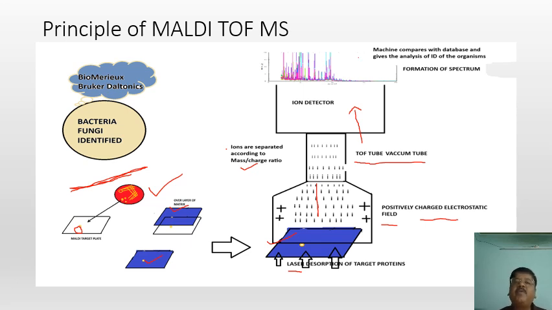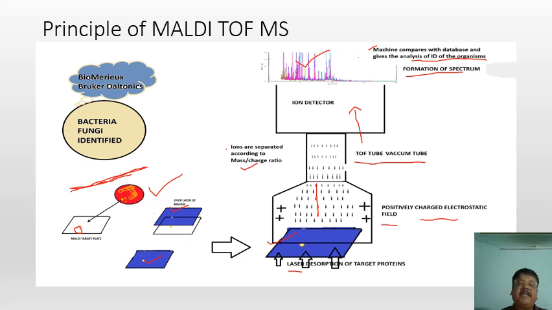So there is a formation of spectrum. So this is the spectrum, and the machine will automatically compare with the database available with it and give the identification of the organism. So this is the principle of MALDI TOF.